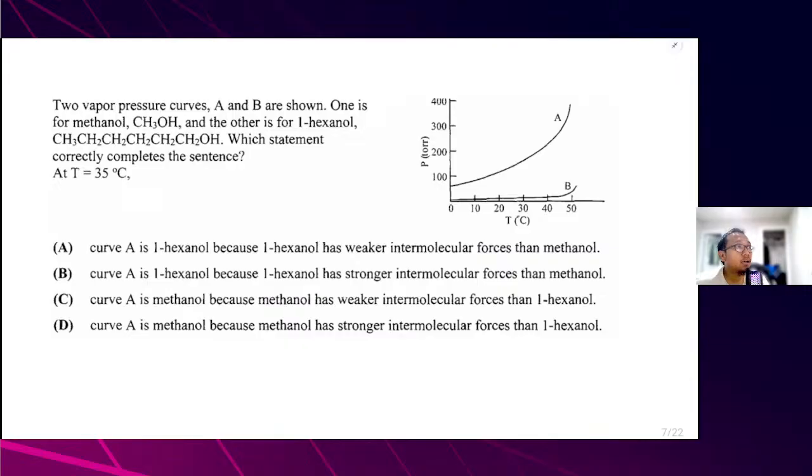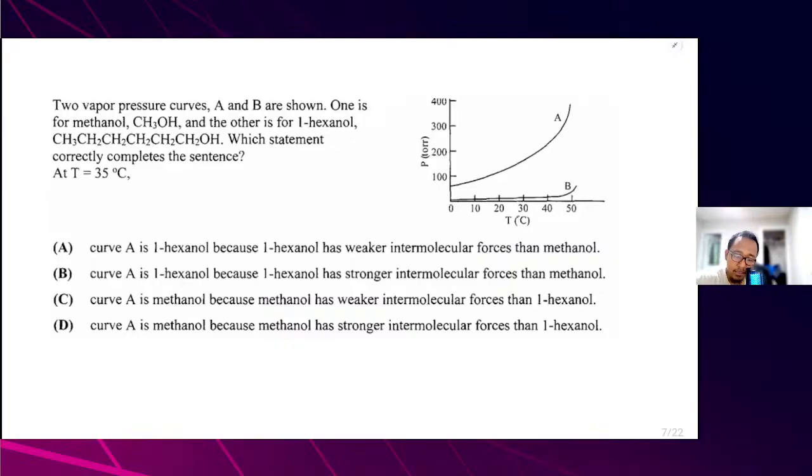So let's discuss this part again. We are dealing with size again. The significant difference between both is size.